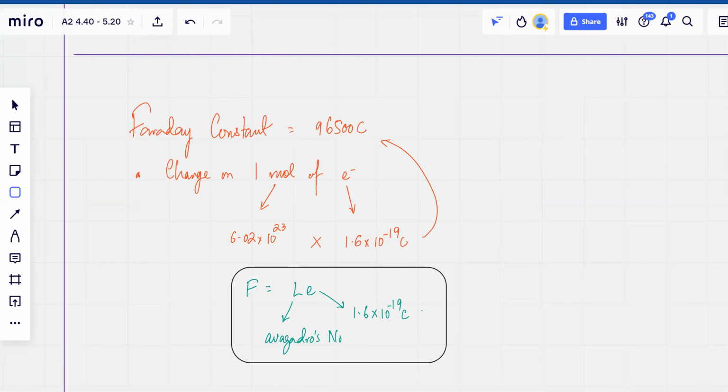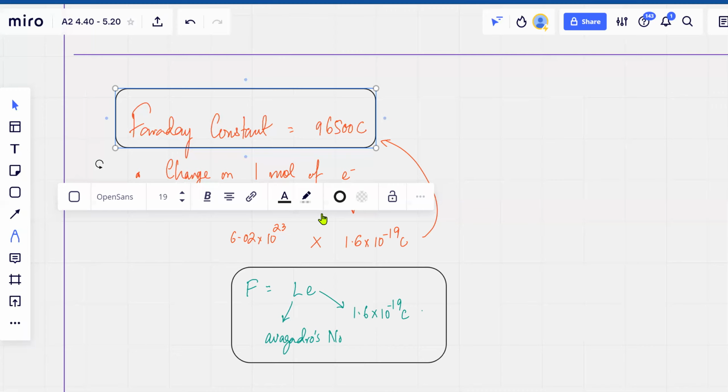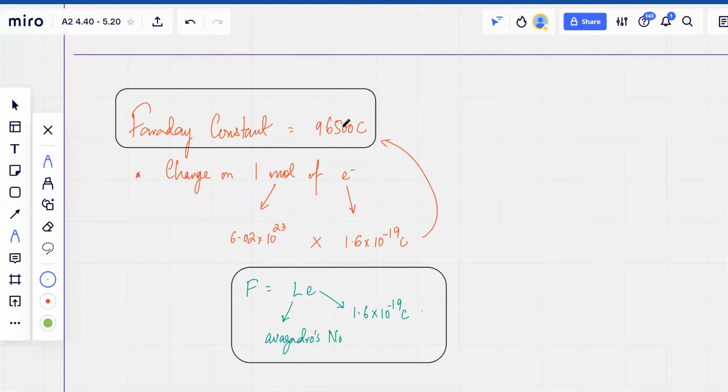The purpose of the Faraday constant is that it gives you a conversion ratio. Let me write it explicitly: 1 mole of electrons has a charge of 96,500 coulombs.